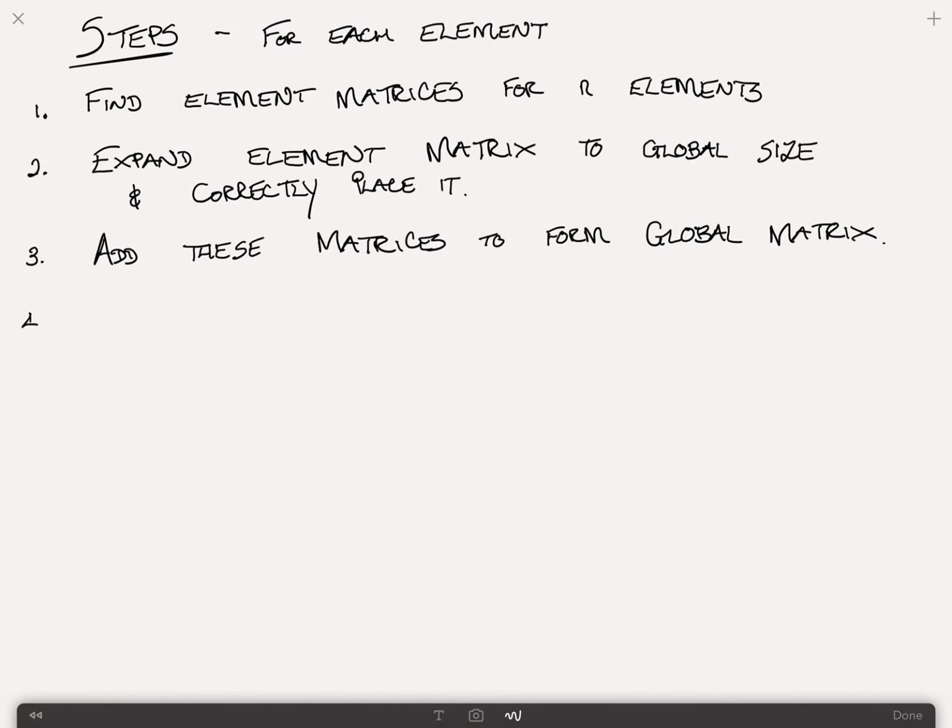All right. The fourth step is to remove those columns and those rows from your global mass and stiffness matrices that correspond to your fixed degrees of freedom. So remove columns and rows corresponding to the fixed degrees of freedom.